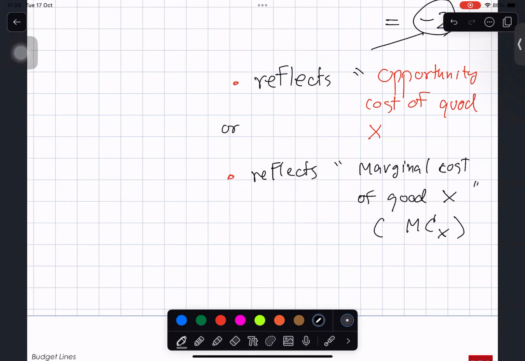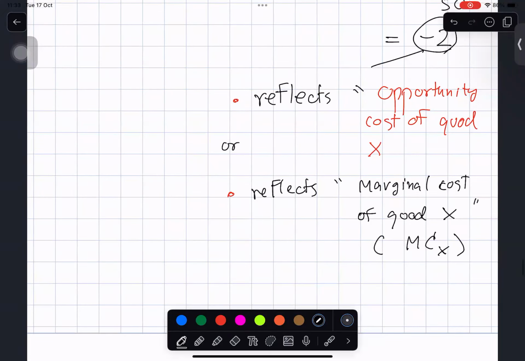We call it marginal cost, ต้นทุนส่วนเพิ่ม. Marginal cost of good X, he must sacrifice 2 Pepsi. So the extra cost if he wants to eat extra pizza, he must give up 2 units of good Y. Okay, 2 interpretations already with the slope of the budget line.